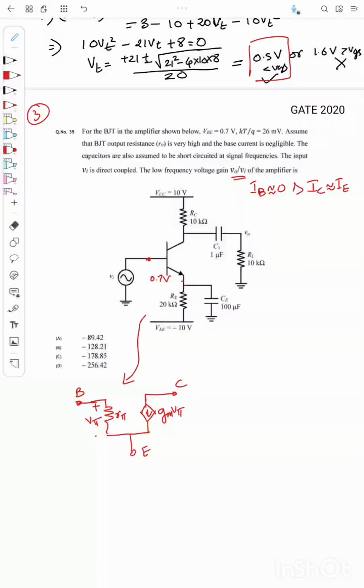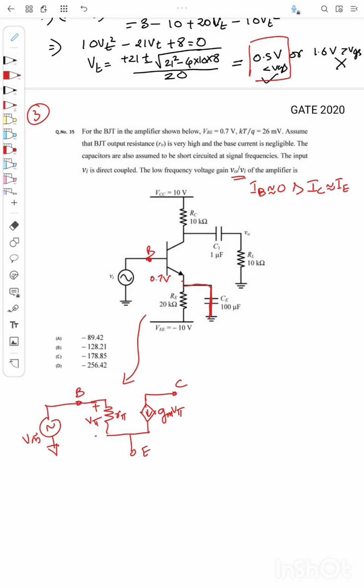Okay, so we'll start with the base. The base is connected to V in, so I will connect a V in voltage here. The emitter is connected to a resistance to minus 10 volt. So I can short circuit the minus 10 volt to ground, and since the capacitor short circuits at the signal frequency, this is short circuited, right?